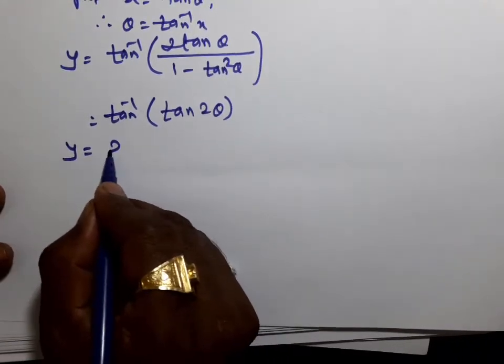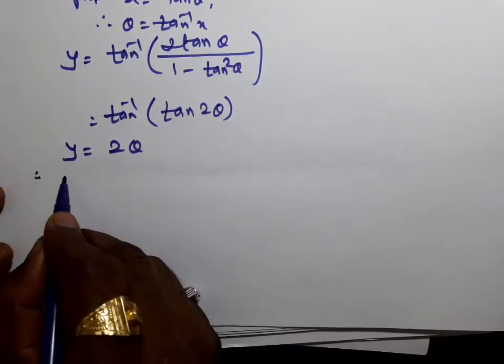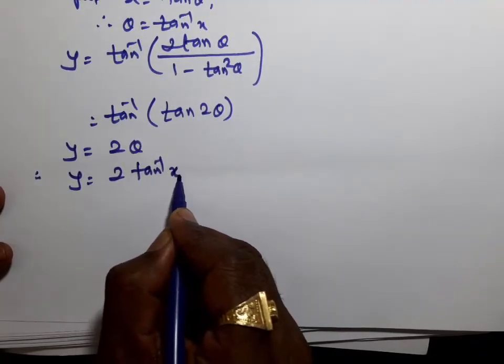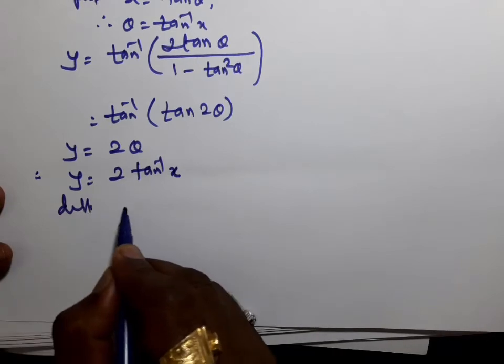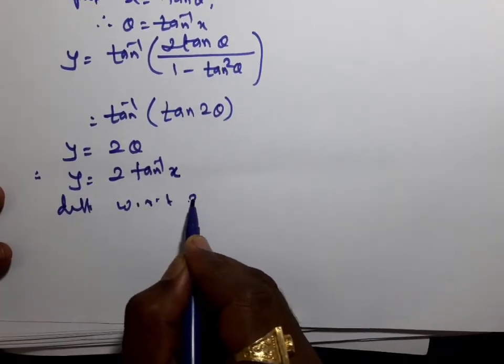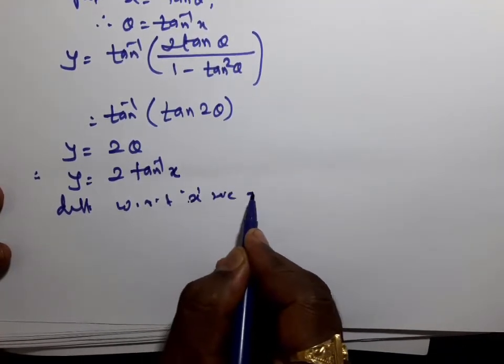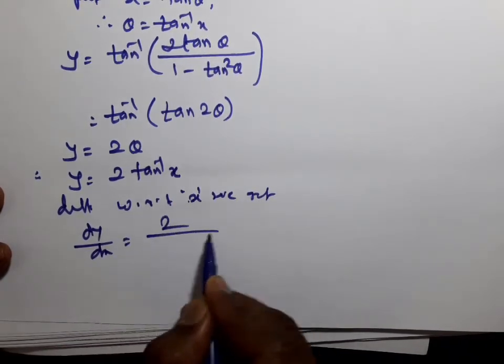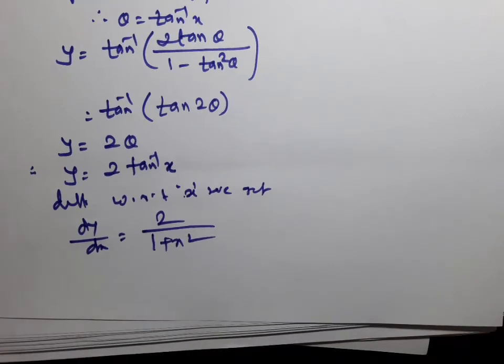So y is equal to simply 2 theta. So y is equal to 2 tan inverse x. Differentiating with respect to x, we get dy by dx is 2 upon 1 plus x square.